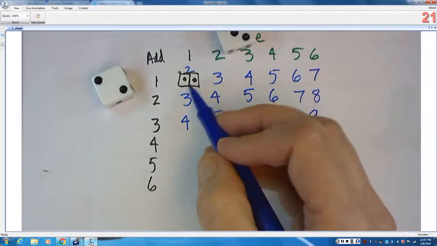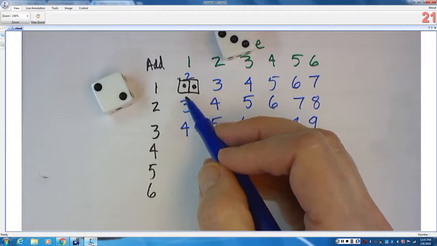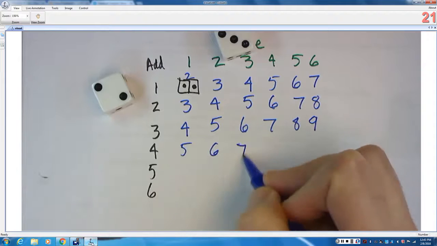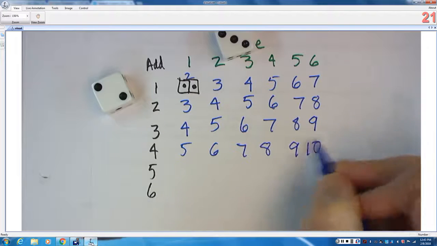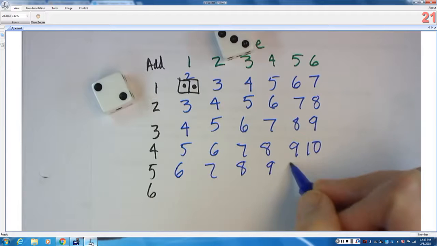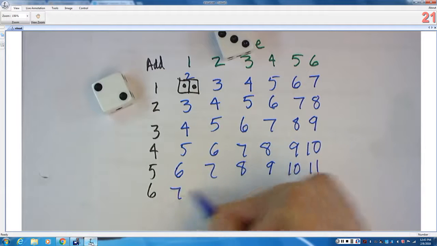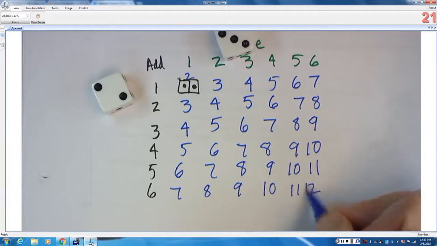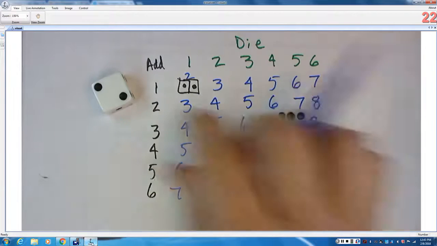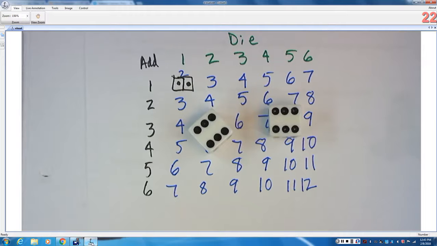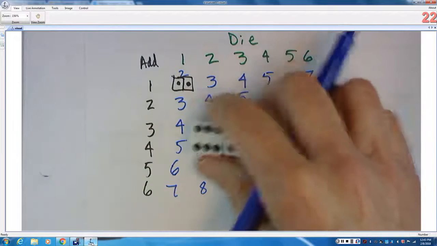you only have one way to roll a 1 and a 1, or 2. Then 6, 7, 8, 9, 10, 11, 7, 8, 9, 10, 11, 12. There's only one way to roll boxcars, right? 2 6s.